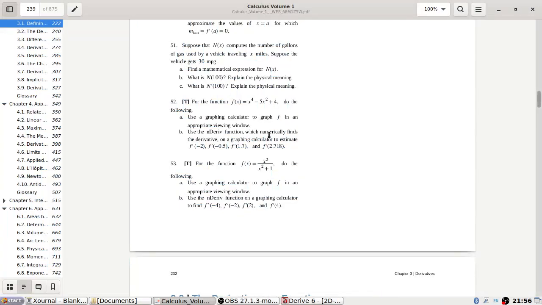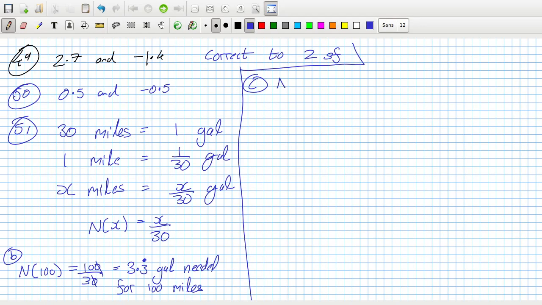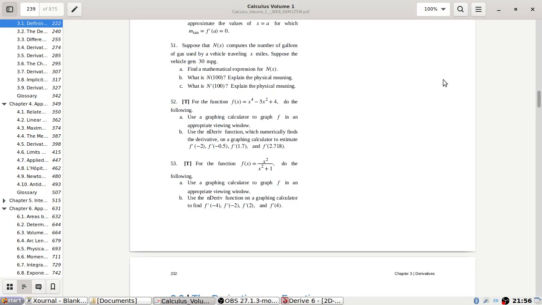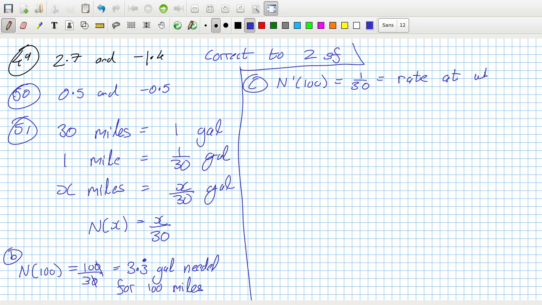C is N derivative at 100. N derivative at 100 being the slope, the coefficient of x, 1 over 30. That is the rate. The 100 is actually not important here. It's the rate at which gas is consumed per extra mile beyond 100, or at 100 perhaps I should say.